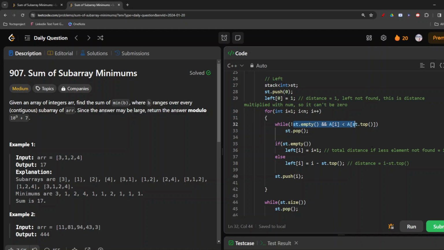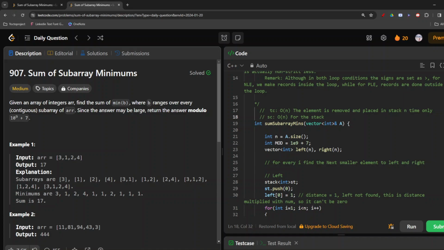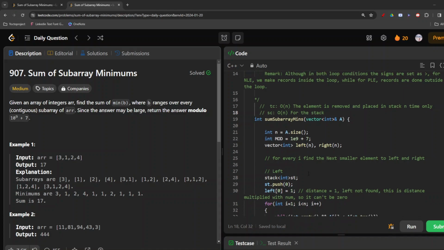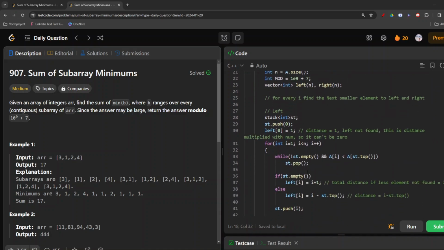But the point is it can even reach. Basically here we feel like it is n squared, but each element goes only once into the stack, and it is already popped out by the while loop which is being used here.